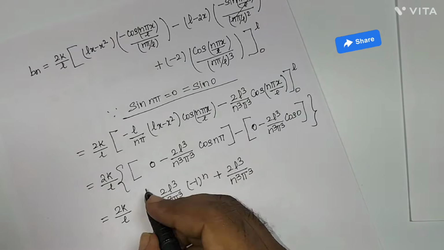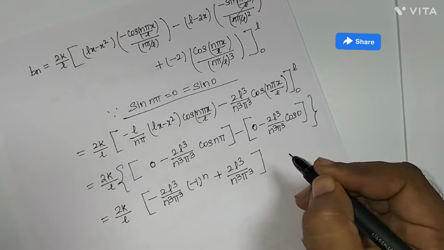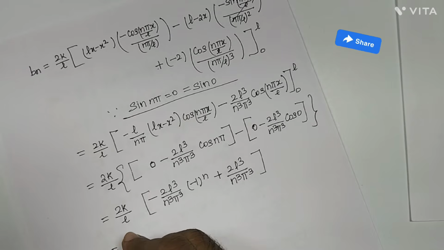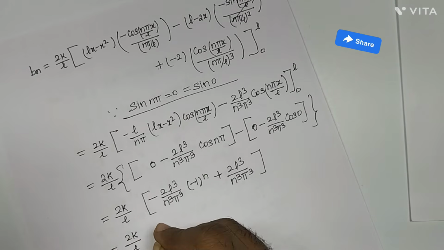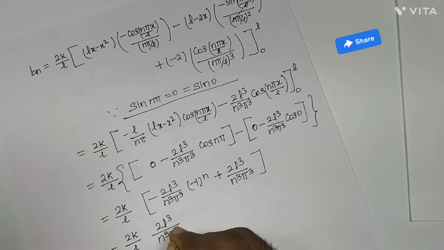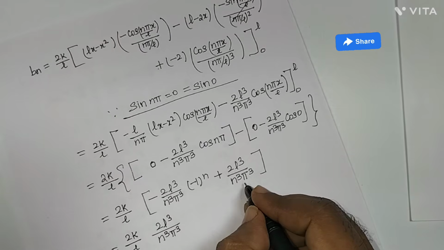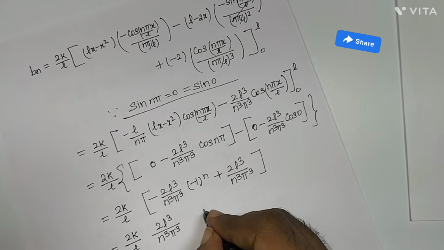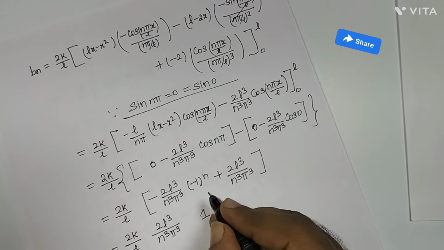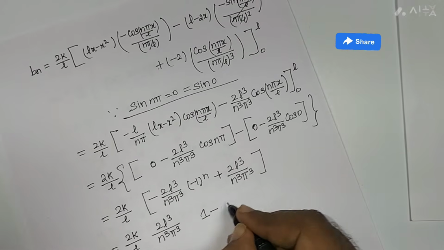So now from this I am taking outside the common term 2L cube divided by n cube pi cube, and remaining you will have 1. This term plus and this minus, you will have minus 1 power n.